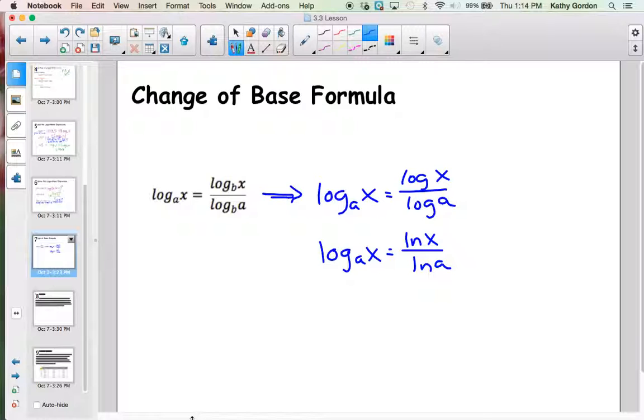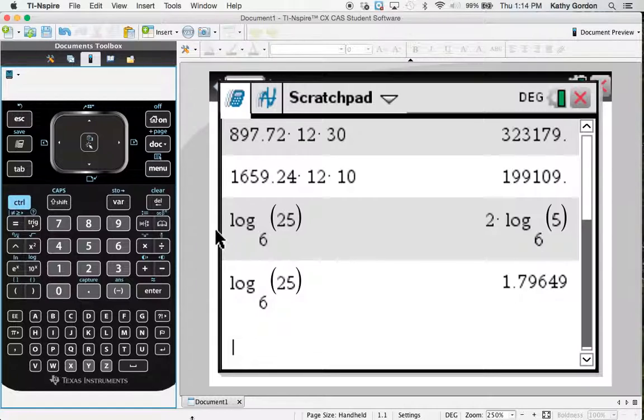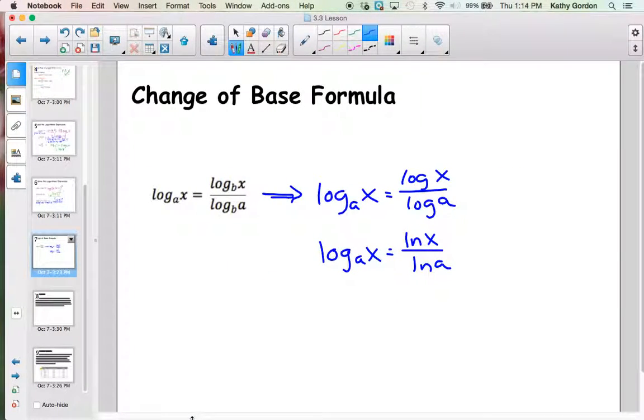So, would we say this one was 1.796, more or less? So if I do that on my phone now, I can take 25 common log divided by 6 common log, and I get 1.796.